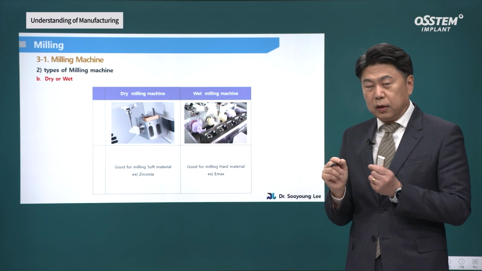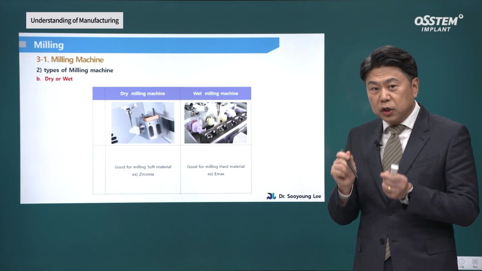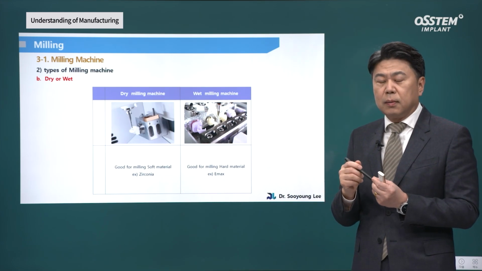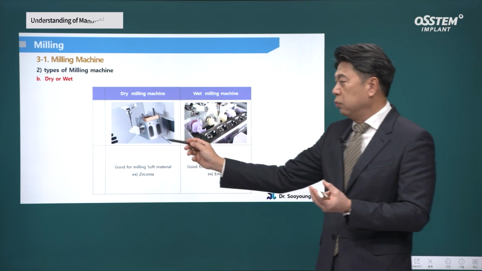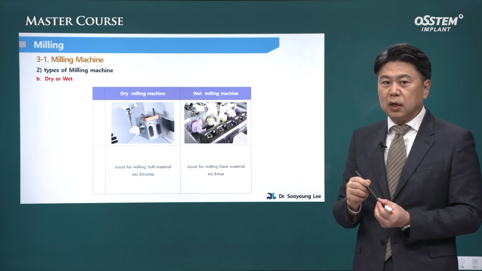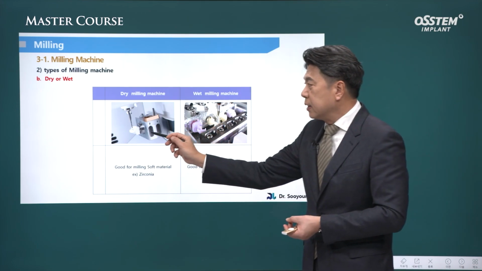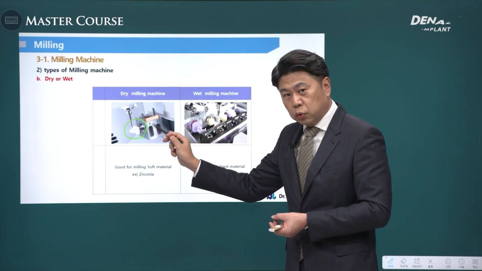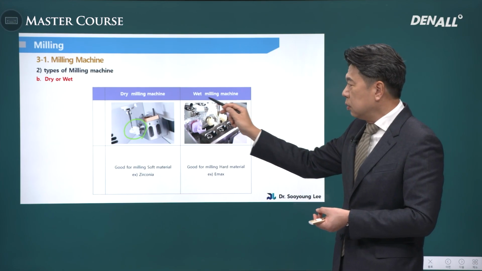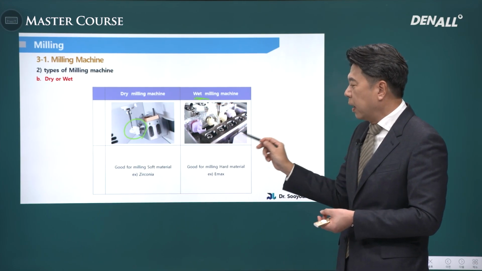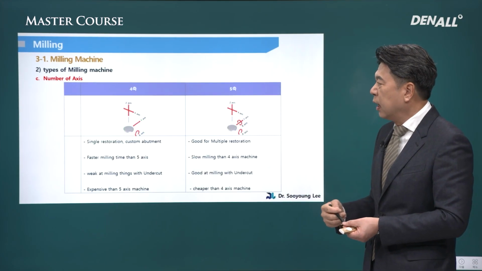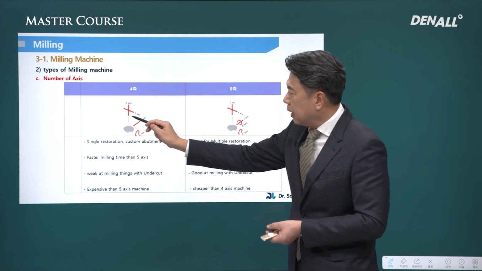Why do we need to use water? Because of heat generation, only for milling ceramic. Zirconia is like chalk. Zirconia or PMMA milling doesn't generate heat. So when heat is not generated, a dry type is better for milling, and when heat is generated, water should be used.